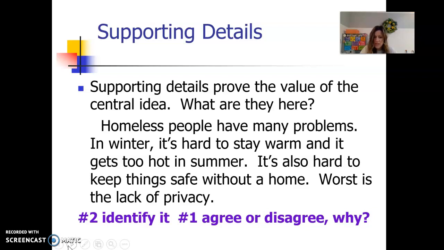So here we have, homeless people have many problems. In winter, it's hard to stay warm and it gets too hot in the summer. It's also hard to keep things safe without a home. Worst is lack of privacy. So take a moment and highlight. There are actually four supporting details that you can highlight in this text.